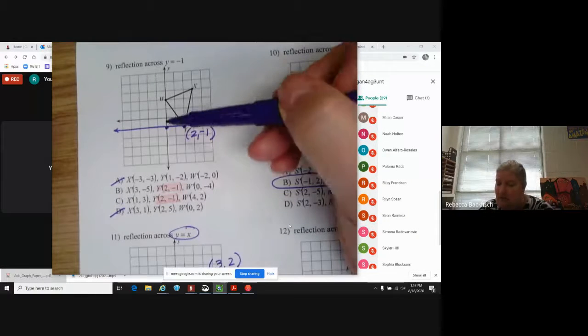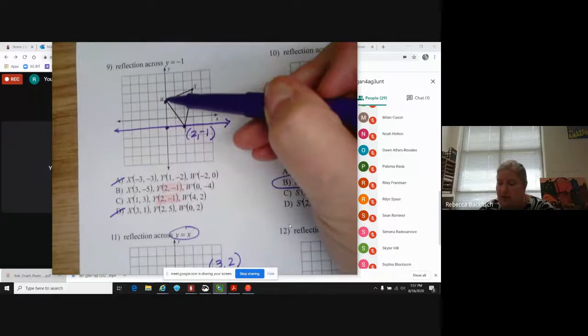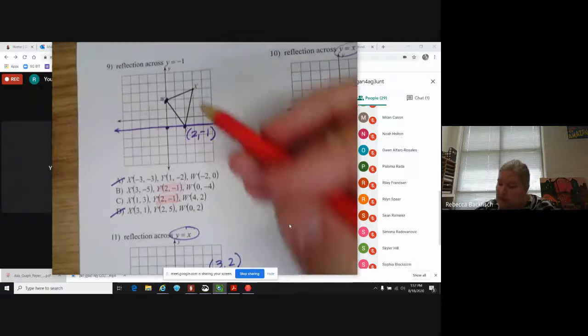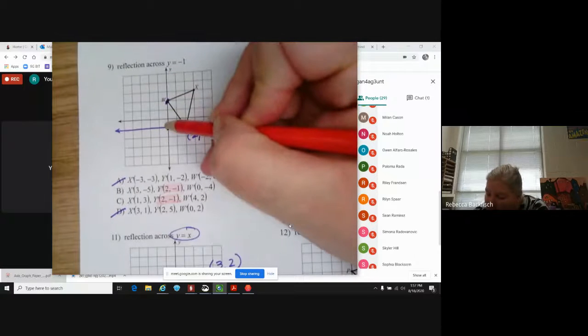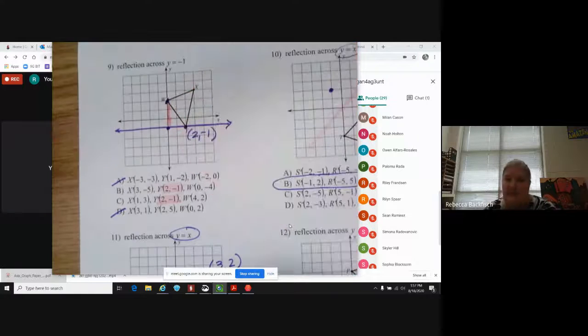But now I need to think about what happens to W or X. So again, just treat it almost like the x-axis, but it's not the x-axis. We're not going to use that rule, but the same idea from how we started, where we were just saying, how far is this above? How far is this below? This point, W, is 1, 2, 3 boxes above the line.